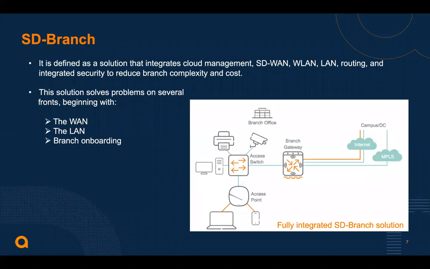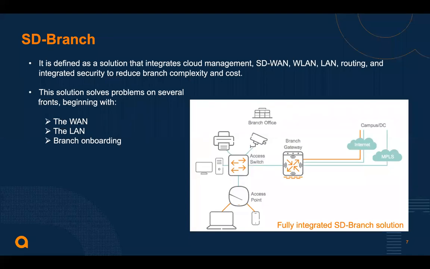Moving on to SD-Branch. As you all know, the SD-Branch solution integrates the cloud management with the SD-WAN and the usual LAN routing and everything. Basically, it reduces the complexity in terms of cost, and also the manpower that we would be facing during branch office deployments.